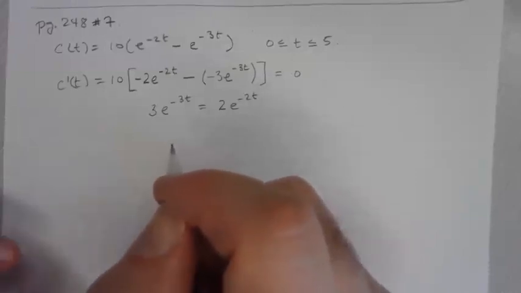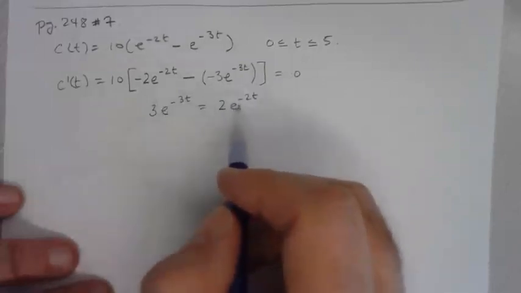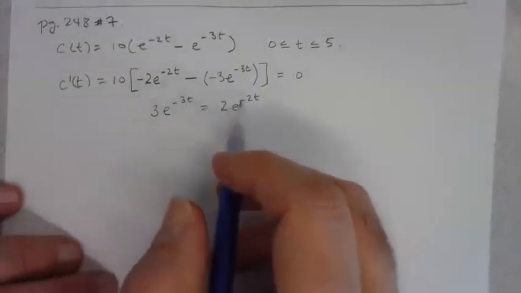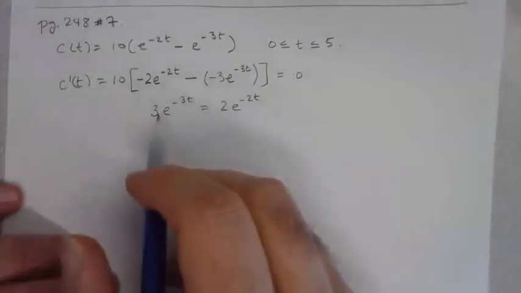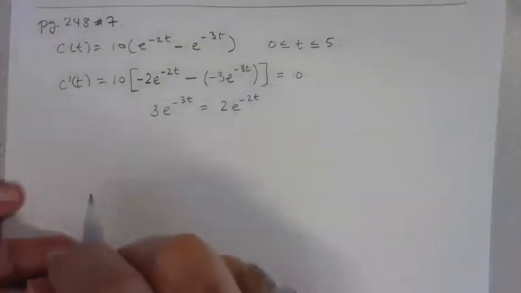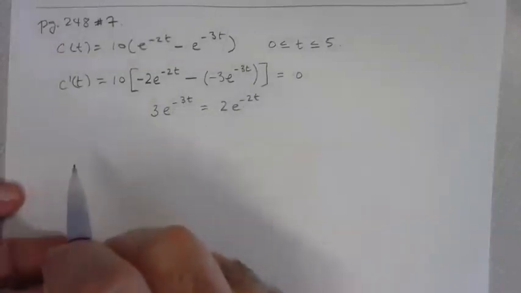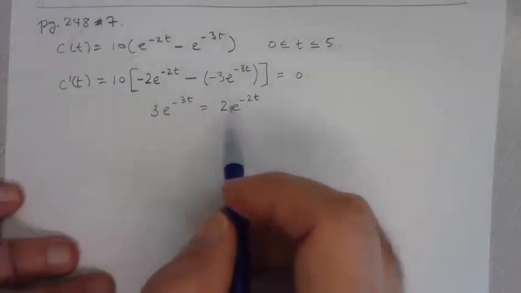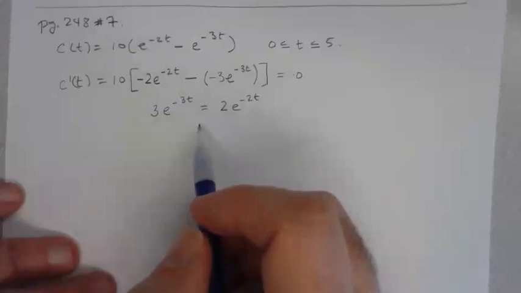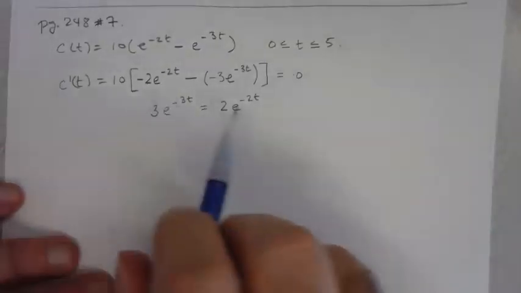Now, I guess the best thing to do here is to remember what we can do easily with exponential expressions. We don't really have a rule for adding or subtracting two exponential expressions, but we do have rules for multiplying and dividing. So I'm going to divide one of these exponential expressions, but I'm going to choose this very carefully, not willy-nilly.